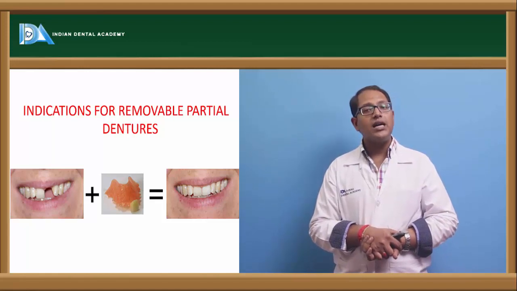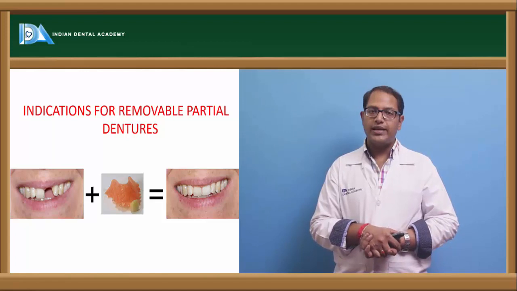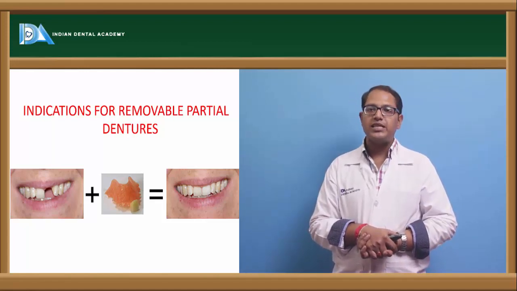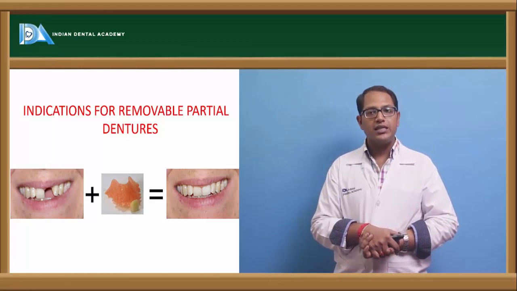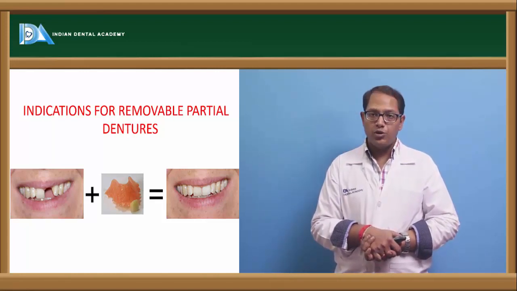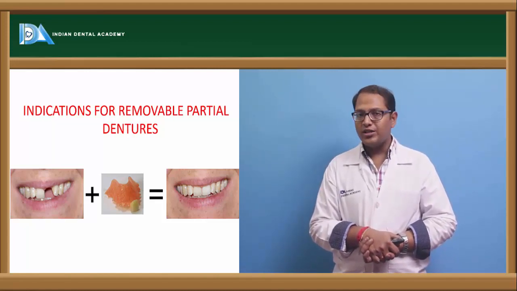Need for cross arch stabilization, that time we have to go for removable partial dentures. Excessive bone loss of the residual ridge, then we have to again consider removable partial denture. Patients who are physically and emotionally not stable have to be given removable partial dentures.